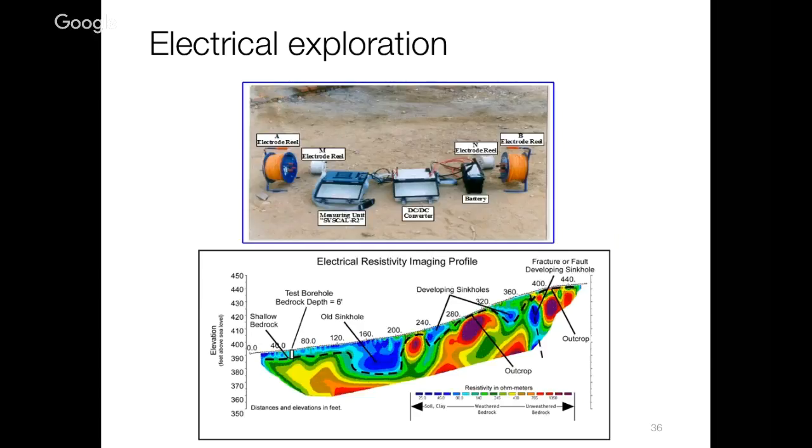I suppose you're looking for a sinkhole that's filled with water, and you might expect that to have a low resistivity. Water is conductive. If you follow the blue line coming down like this, you see that may be something that looks like this.